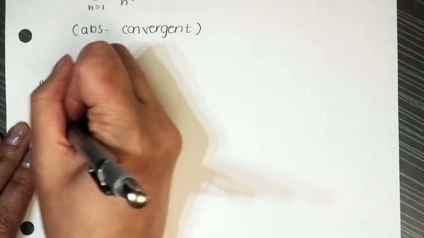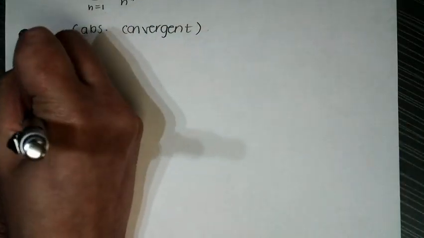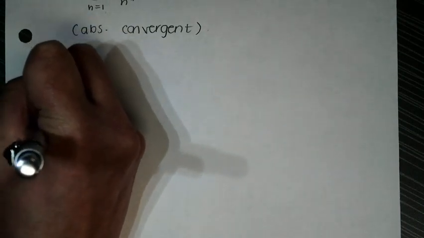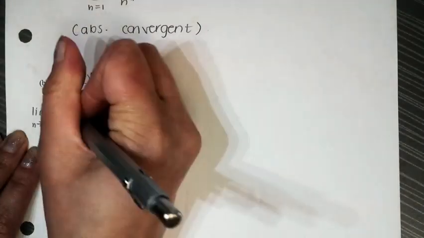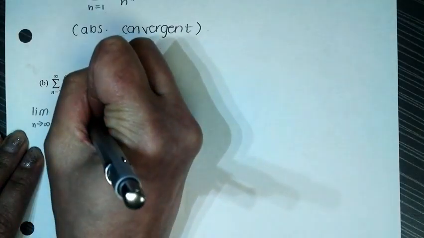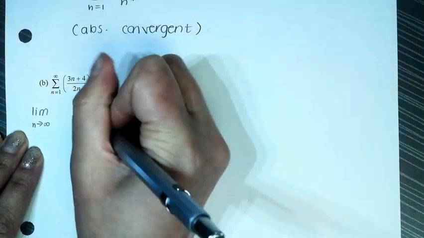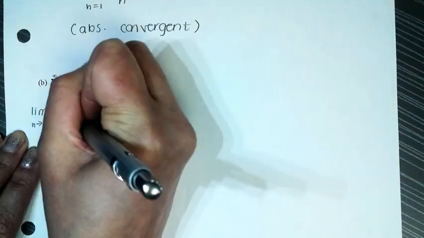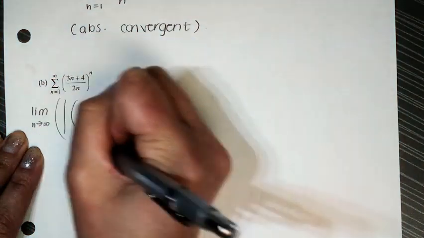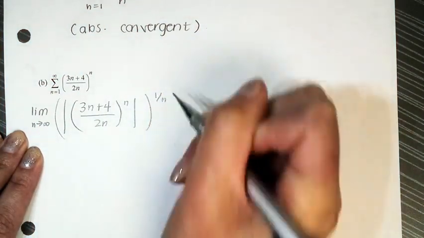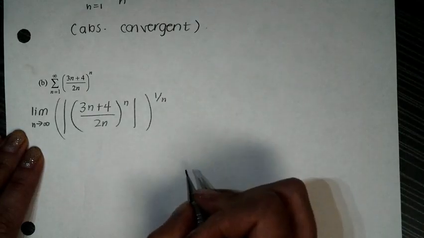So we apply this beautiful test. You have the limit as n approaches infinity of 3n plus 4 divided by 2n, raised to the power of n, then you apply the absolute value, and then you have the 1 over n, which is the same as the nth root.